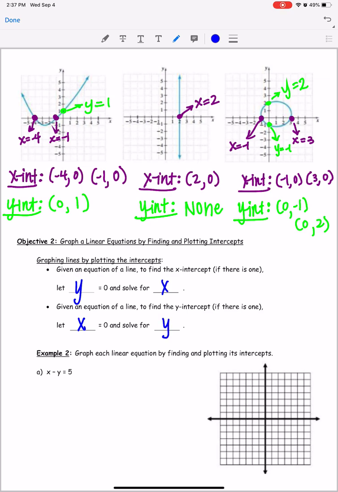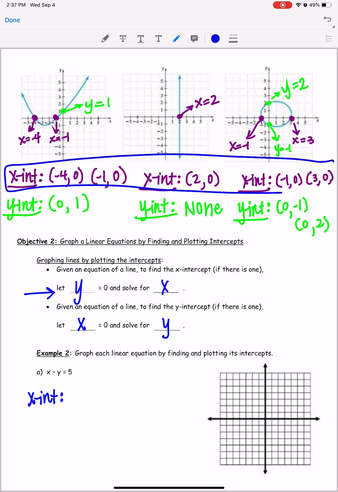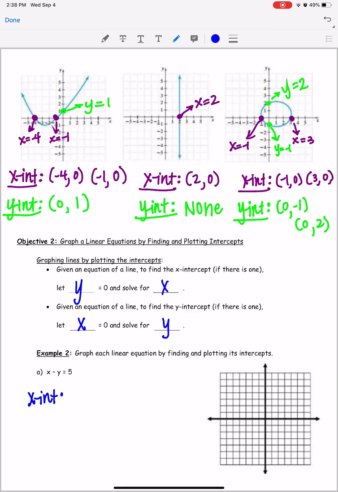So example 2, graph each linear equation by finding and plotting its intercepts. Let's find an x-intercept first. When you find an x-intercept, you're going to let y equal 0. If you look at all of these here, when you have your x-intercept, what is y? Y is always 0, and that's why we're letting y equal 0 to solve this.